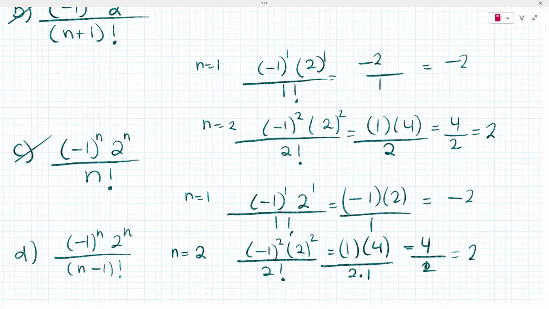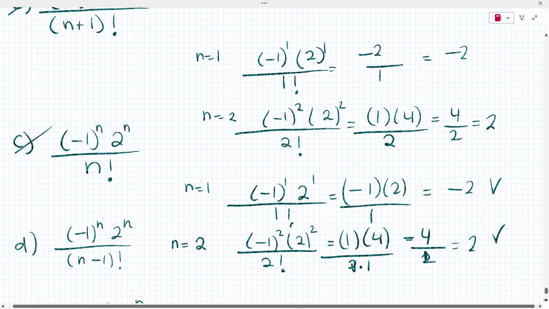Oh, sorry, this is 1 factorial, right? Because what's 2 minus 1? Yes. So far, so good. So we have -2 and 4. But what about the third term? Does it give you -8 over 2? Let's just make sure.